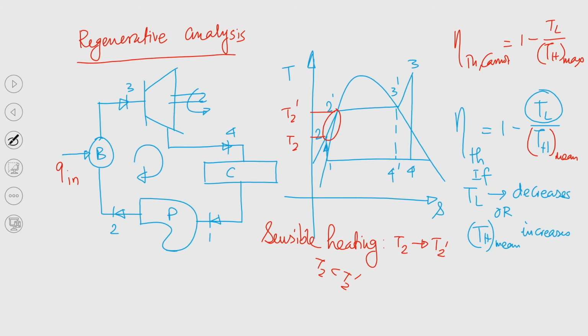Now, if we somehow can provide that temperature, so that the feed water temperature will be T2 prime, then this amount of temperature increase will not be there in the boiler and we can save the fuel cost.